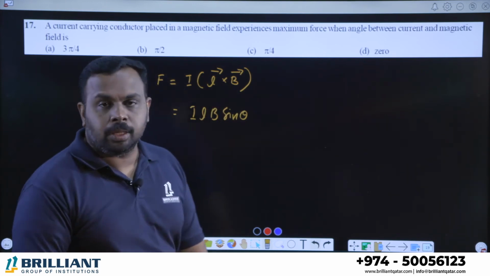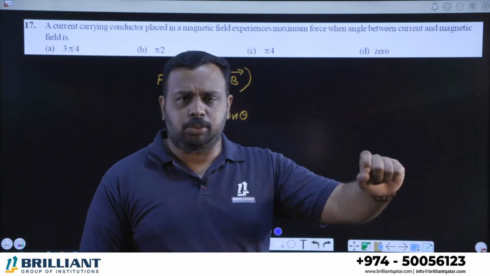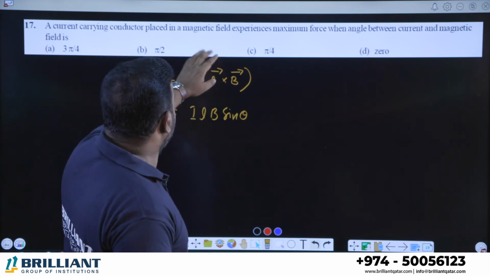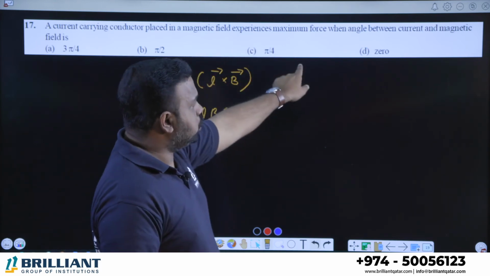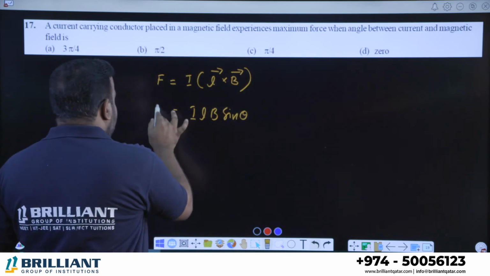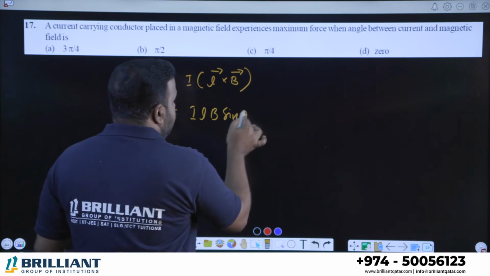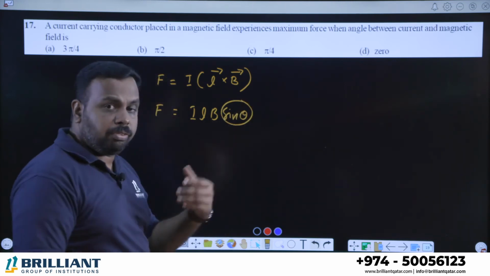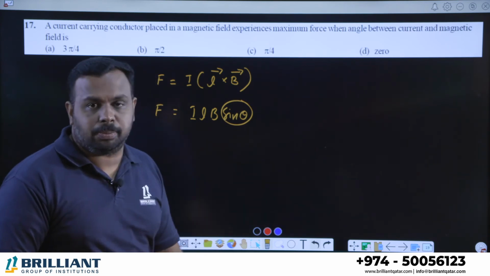This is the equation for the force acting on a current carrying conductor kept in a magnetic field. Now what they are asking is, it experiences maximum force when the angle between current and magnetic field is. So for this force to be maximum, what should be the value of theta? Sine theta has to be maximum.